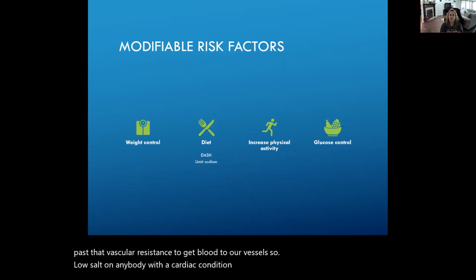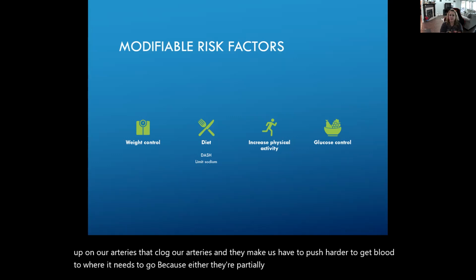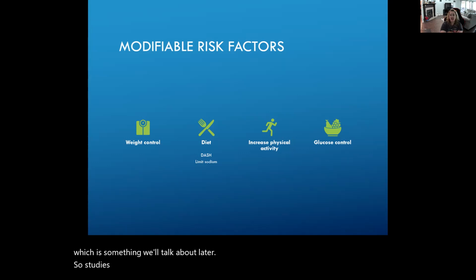Again, the saturated fats build up on our arteries and clog them, and they make us have to push harder to get blood to where it needs to go, because the arteries are either partially occluded or can occlude altogether, which is something we'll talk about later. Studies have shown that the DASH diet can lower blood pressure in as little as 2 weeks. That's pretty great results.